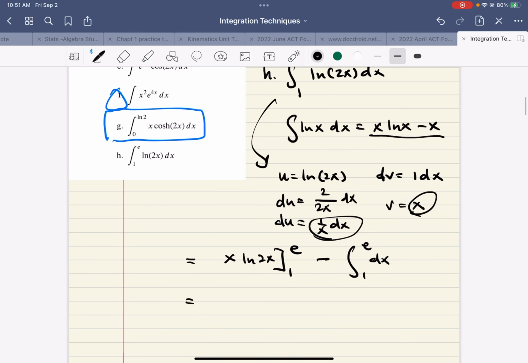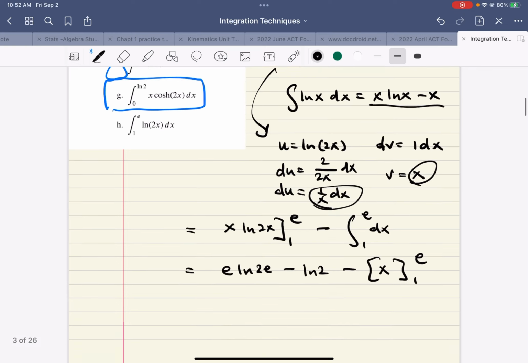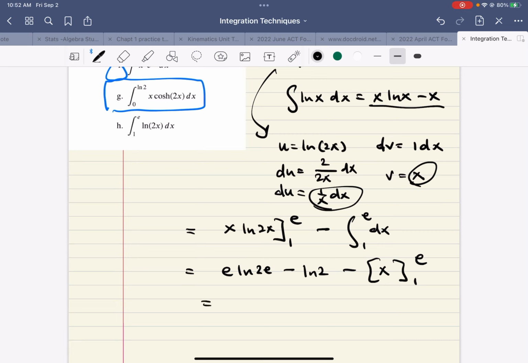So then e ln 2e minus ln 2 when you plug in 1, minus this portion here, just x, 1 to e. So your answer here, then e ln 2e minus ln 2 minus e minus 1.